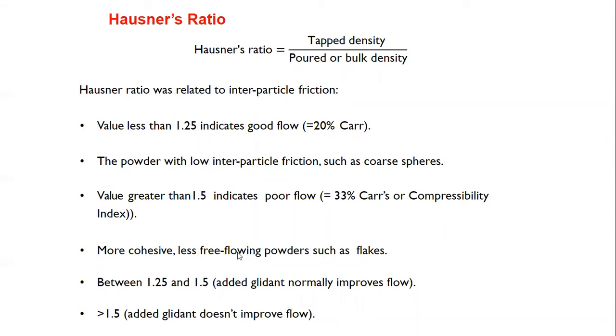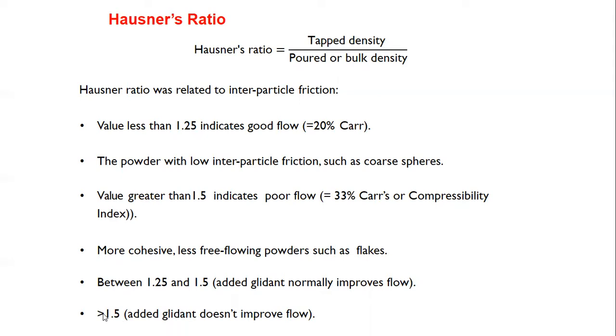More cohesive, less free-flowing powders have values greater than 1.5 and hence poor flow. When the Hausner's ratio value is between 1.25 and 1.5, these powders have poor flow, but the powder flow can be improved by the addition of a glidant such as talc.